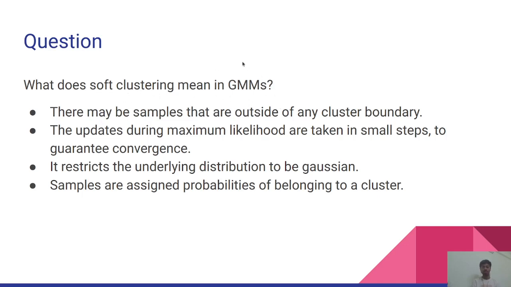In GMMs, suppose you have two clusters, and if you consider a Gaussian distribution, it is centered around the mean, right? But in GMMs, what we want is that a single point can belong to multiple clusters. So maybe with 0.6 probability this is belonging to cluster 1, and with 0.4 probability it will belong to cluster 2.